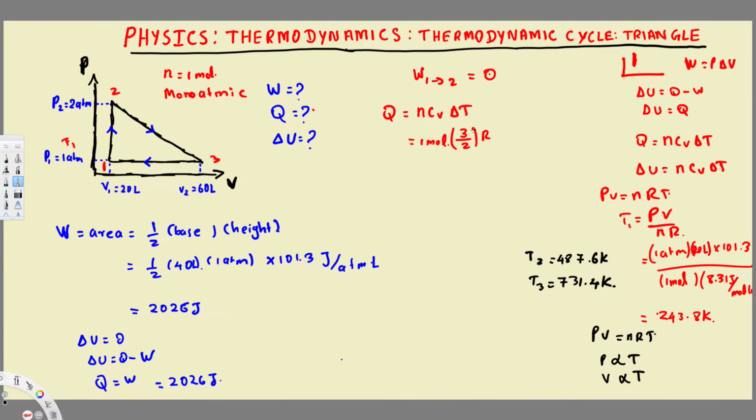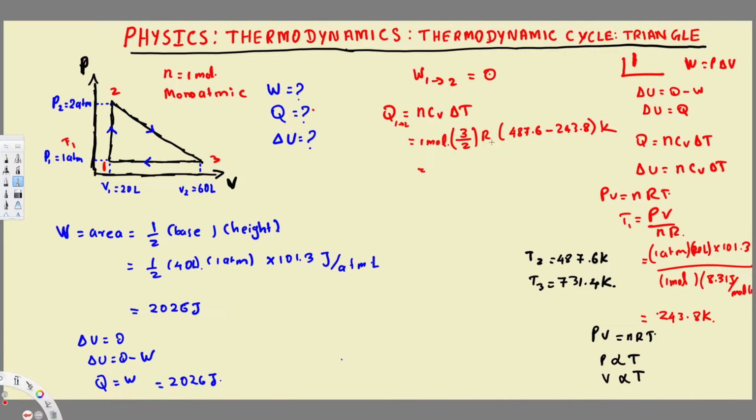Now we can go ahead and plug in these values. Delta T, we are doing 1 to 2, right? So this is 1 to 2. So T2 minus T1. That's going to be 487.6 minus 243.8 Kelvin, right?